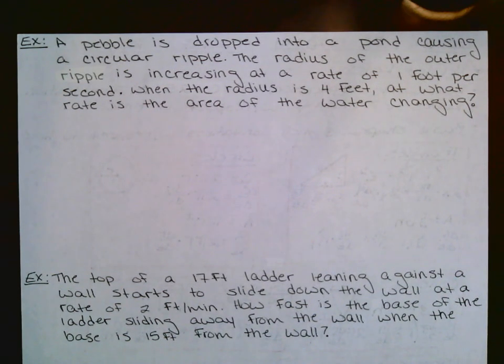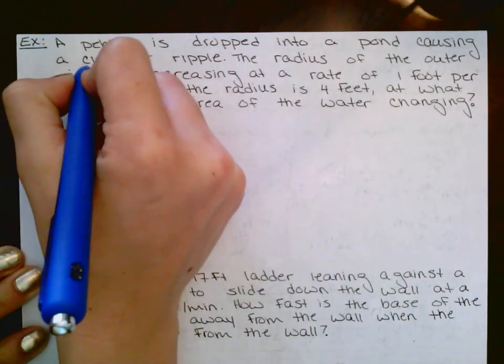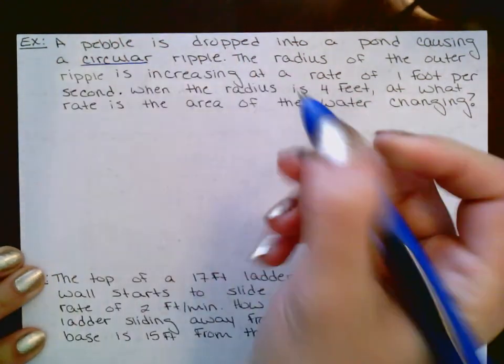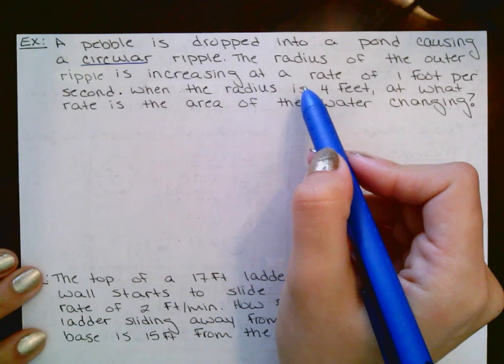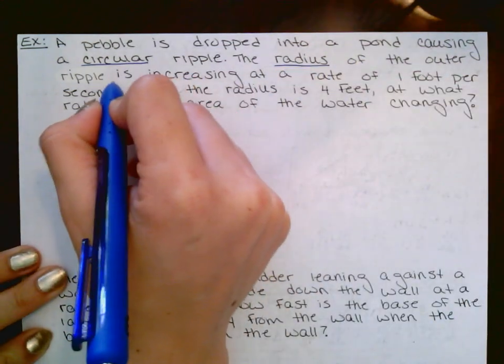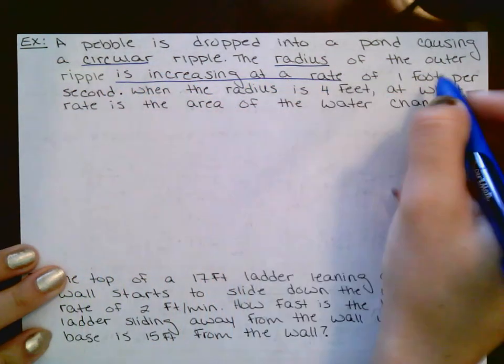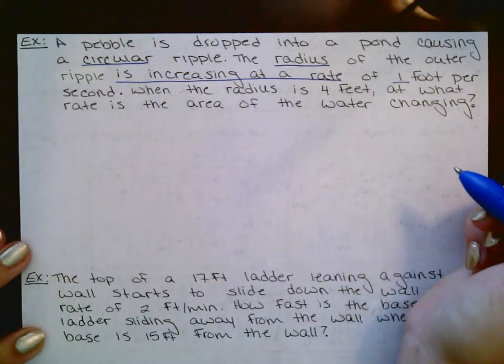All right, this first one says, a pebble is dropped into a pond causing circular ripples. Right here they're telling you the shape. The radius of the outer ripple is increasing at a rate of 1 foot per second.